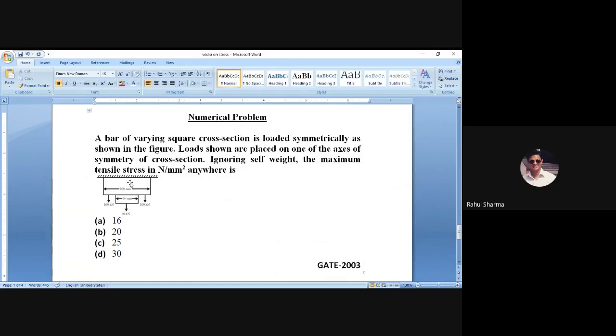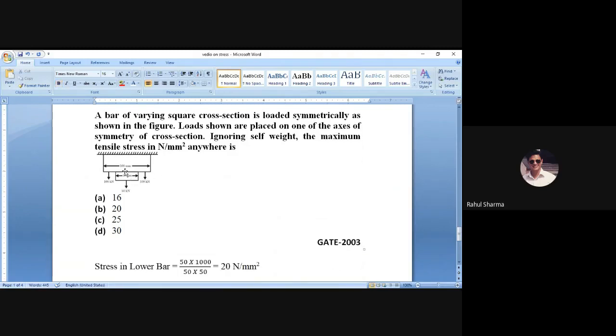The maximum tensile stress in Newton per square millimeter anywhere is, right? So the stress unit is given, it is Newton per square millimeter. This means you have to calculate the value of maximum tensile stress in Newton per square millimeter. Now in this diagram you can see there are two bars.